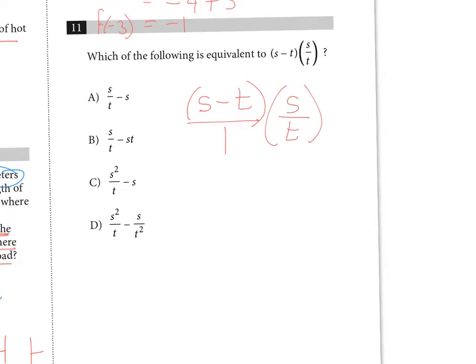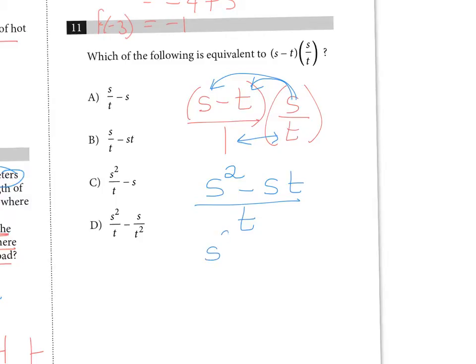Then when you multiply this, you're going to have to distribute s times s, which is s squared. s times negative t is negative st. And then 1 times t is over t. Now something over t, well, that means that this is over t and this is over t. So I can separate it.